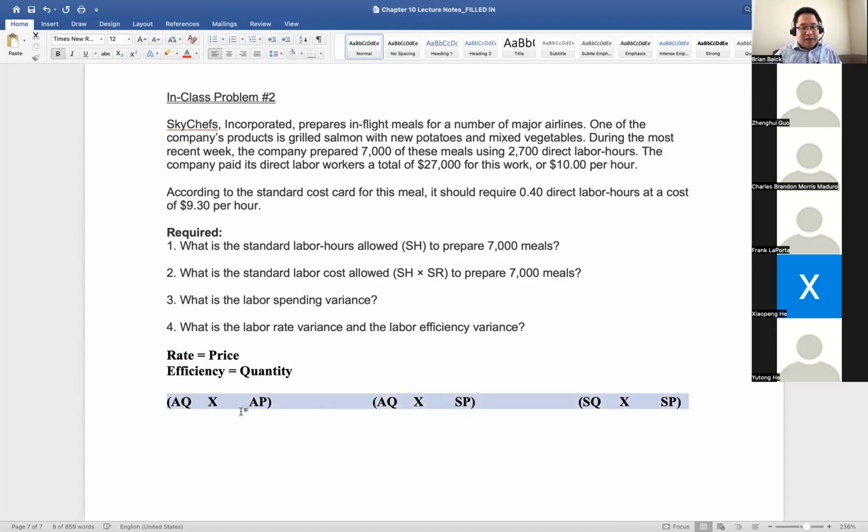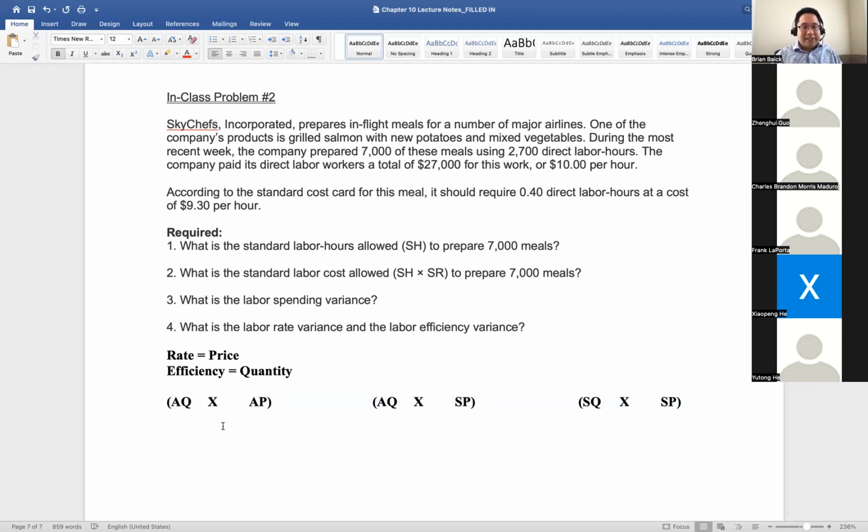Yes, you do. If you don't want to memorize this, then you have to memorize individual formulas, like the price variance formula and the quantity variance formula. It's much more difficult. Believe me, this is the easiest way to do it. So just know this relationship and then your life is much easier.